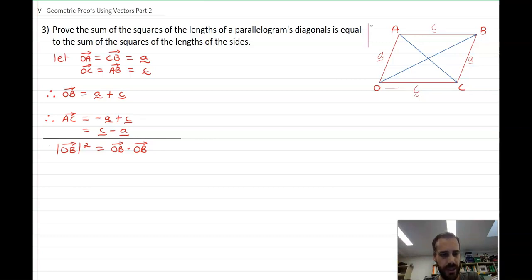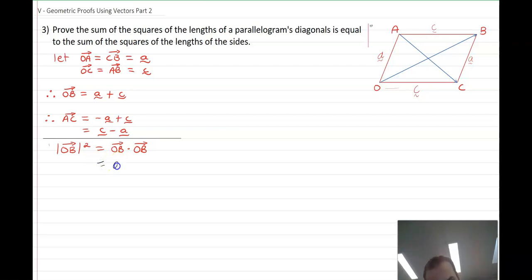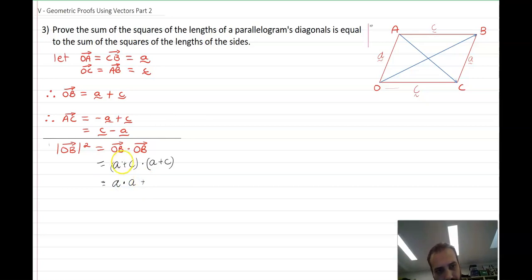Now we know that OB is equal to A plus C. So we have this situation, which we've seen before: A plus C, dot product, A plus C. We already learnt that the dot product is distributive, so we can say A dot A plus A dot C plus A dot C, so that'll be 2 A dot C, plus C dot C. Need to be careful about that 2 A dot C. It's two lots of A dot C, plus C dot C.